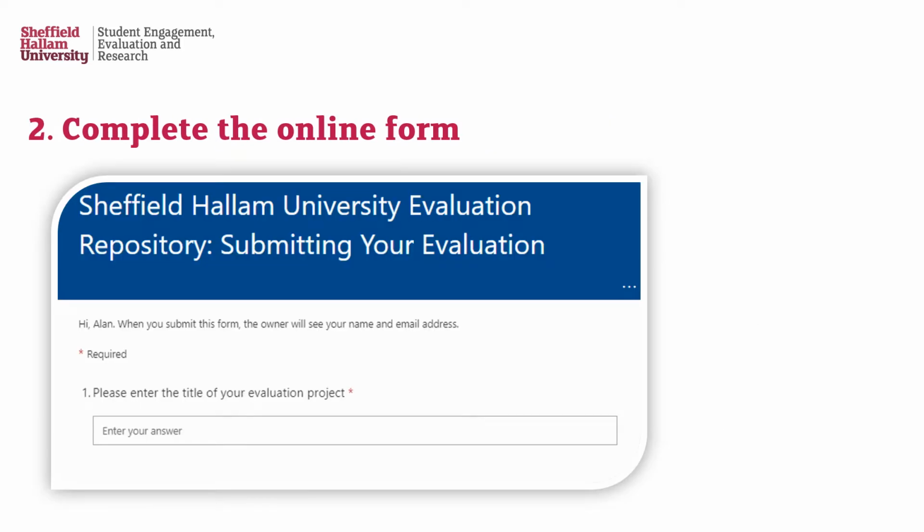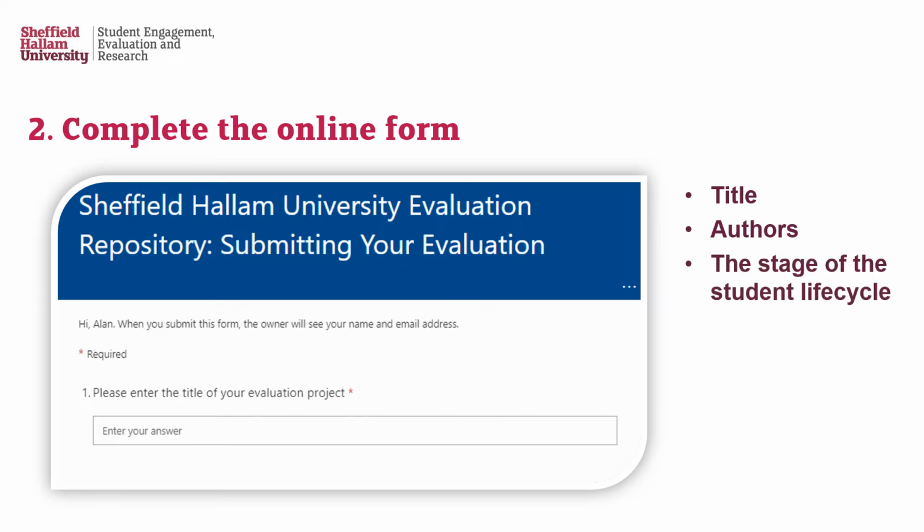Once authors are ready to submit, they are required to outline the key details of the evaluation and to upload any relevant outputs by submitting an online form. Within the form, authors are asked to provide information such as the title and the authors involved in the evaluation, the key terms that define it, the abstract, specifying whether it relates to a specific stage of the student life cycle, and specifying the type of impact evaluation that it is, which relates to what claims are being made in the evaluation.